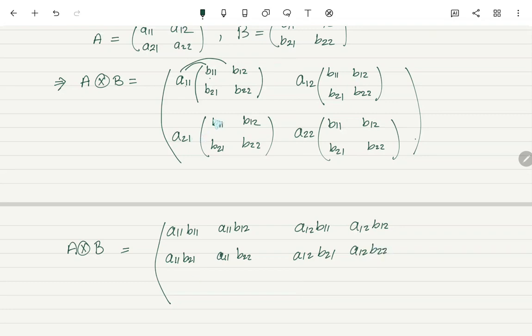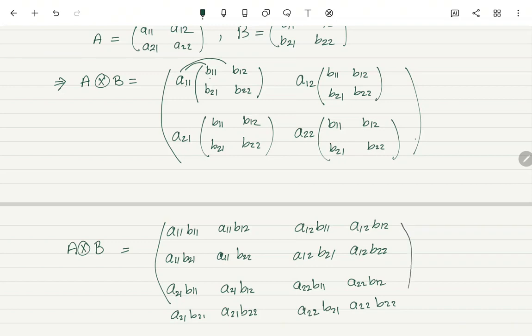Same thing here, A21 B11, A21 B12, A21 B21, A21 B22. And A22 B11, A22 B12, A22 B21, A22 B22.